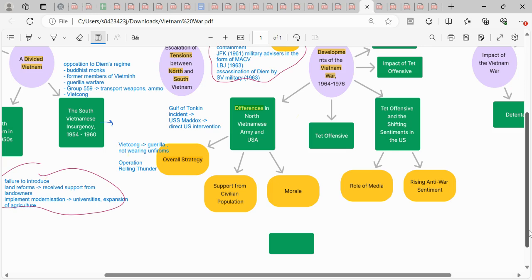America, of course, didn't start off with a lot of support as compared to the Viet Cong. America's search and destroy missions were hugely unpopular. The use of defoliants like Agent Orange, the use of napalm, all caused serious problems.